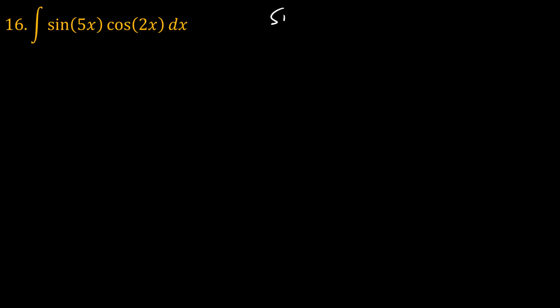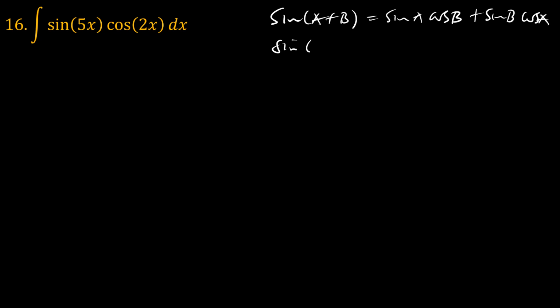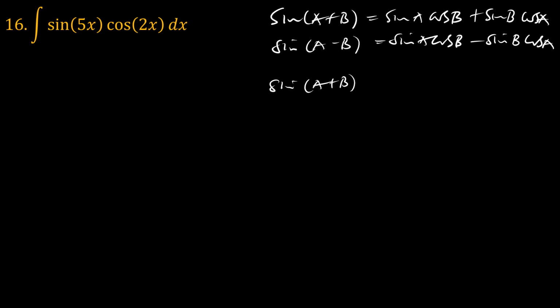If you have sine A plus B equals sine A cosine B plus sine B cosine A, and sine A minus B equals sine A cosine B minus sine B cosine A, then when you add them, you get twice sine A cosine B, right?